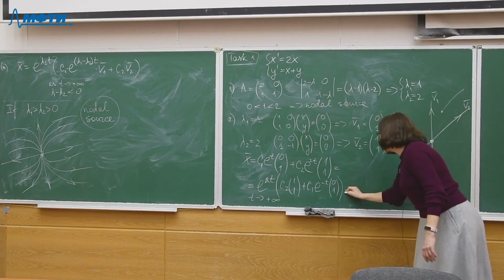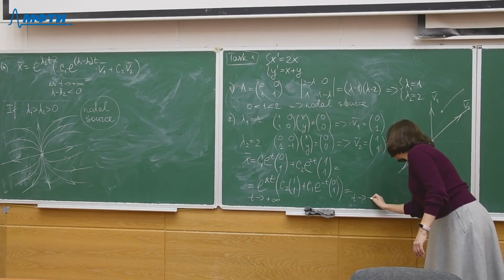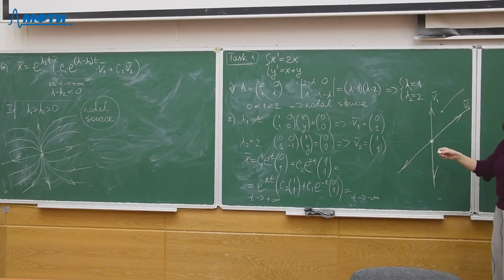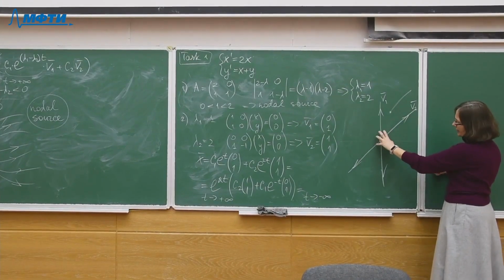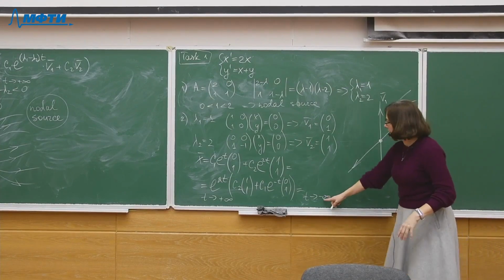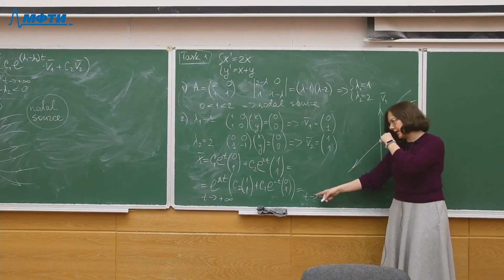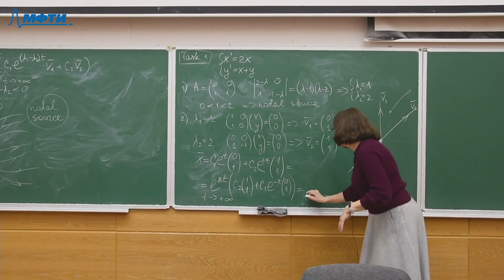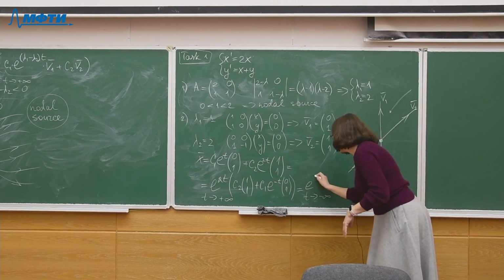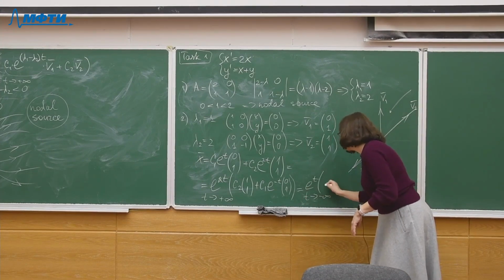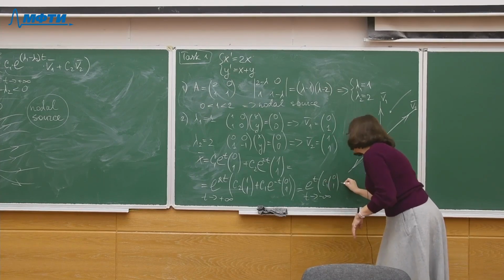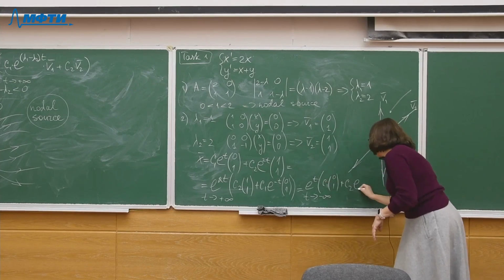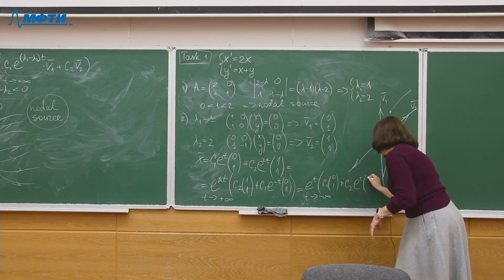But as t approaches negative infinity, we are interested in the behavior near infinity, so the behavior near 0, right? So we need to know the behavior of this trajectory as t approaches negative infinity, and so we should do the following: e to t times c1 (0, 1) plus c2 e to t (1, 1).